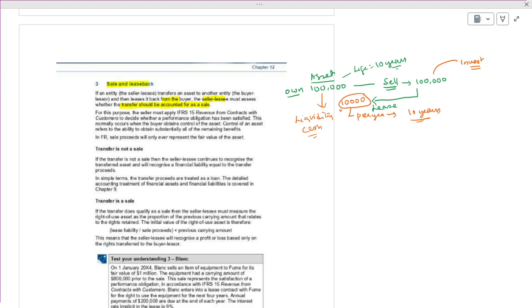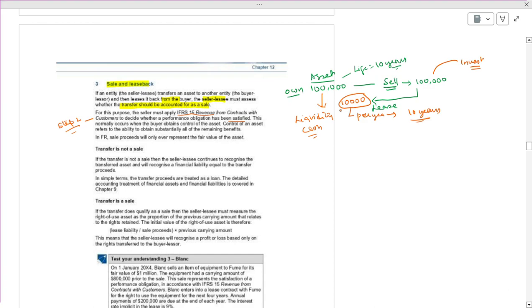For this purpose, the seller must apply IFRS 15, revenue from contracts with customers, to decide whether the obligation has been satisfied. When you are talking about the obligation, it is step 2.